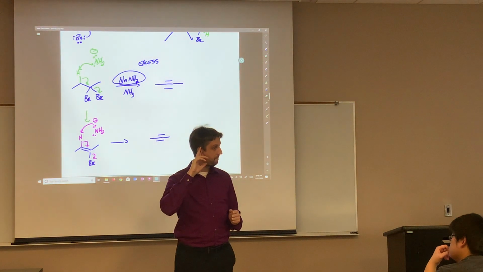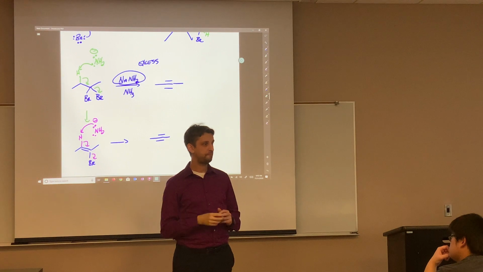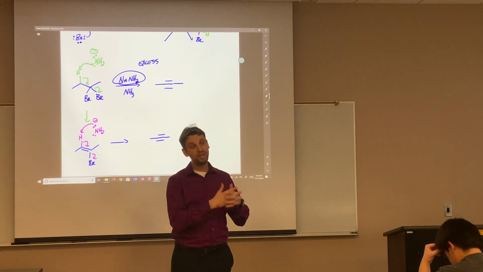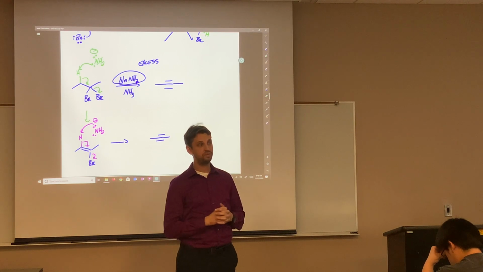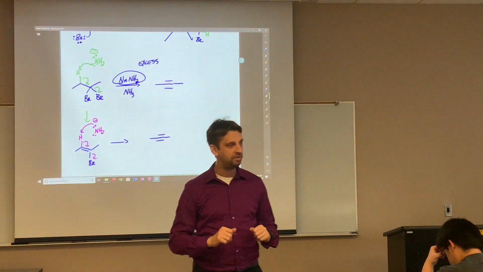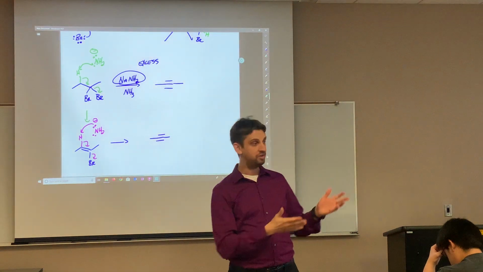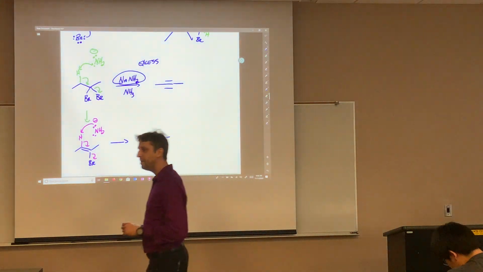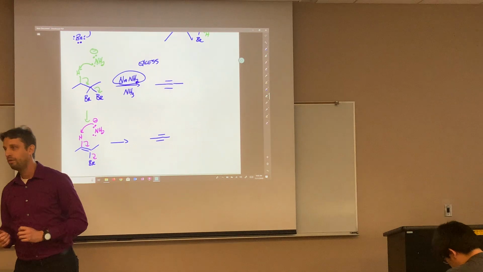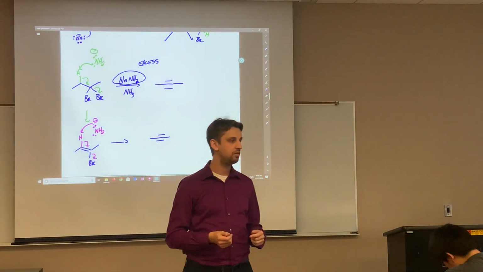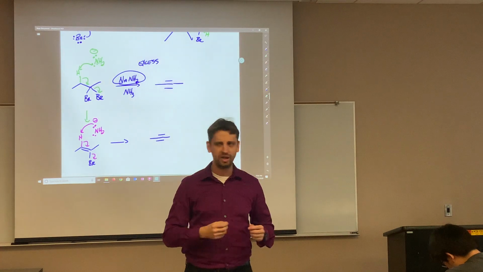We need to add two good leaving groups next to each other, on neighboring carbons. Halogens, like bromine, maybe? Do you guys know how to add bromines next door to each other? What functional group do we add those bromines to?